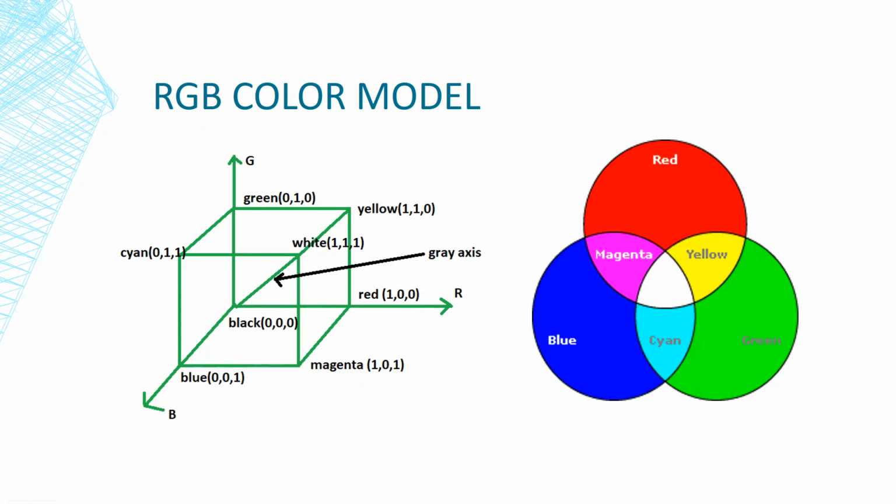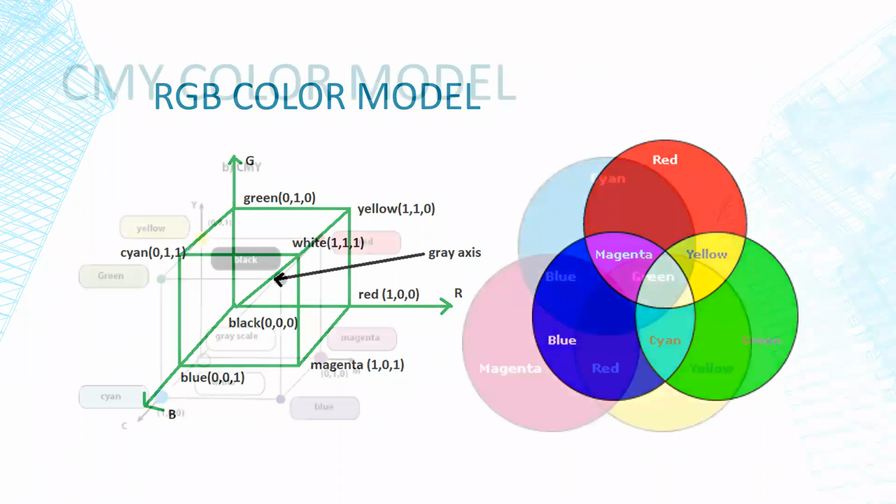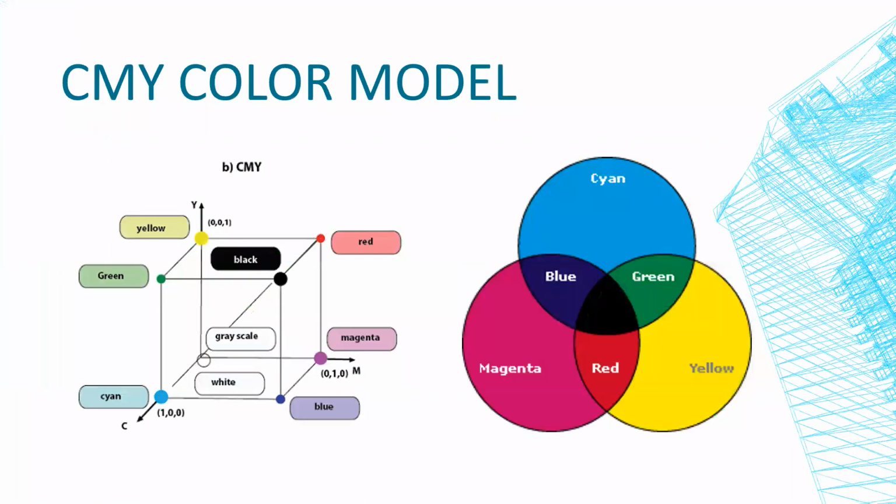So now let us see the CMY color model. A video monitor displays color patterns by combining light that is emitted from the screen phosphors, which is an additive process. However, hard copy devices such as printers and plotters produce a color picture by coating paper with color pigments.